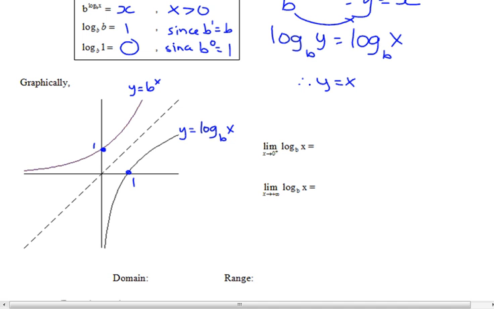As x approaches 0 from the right, what is our y value approaching? Negative infinity. And as x approaches positive infinity, our y value will approach positive infinity. It'll take a while, but it'll get there. These are going to be really important concepts we're going to use.